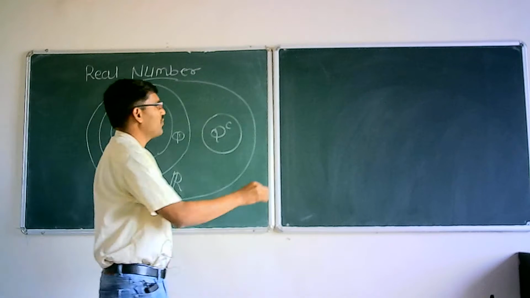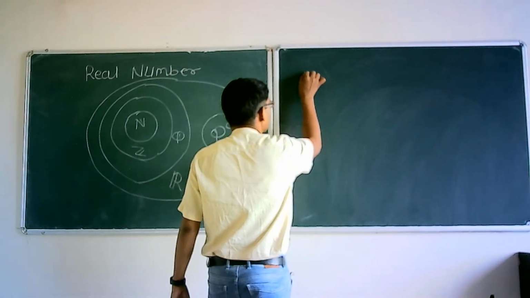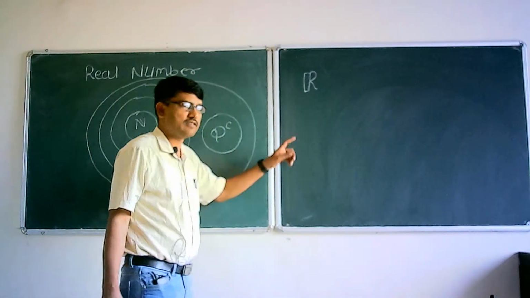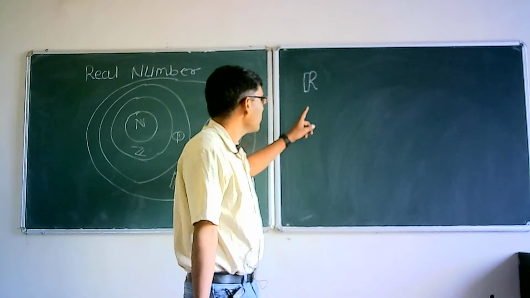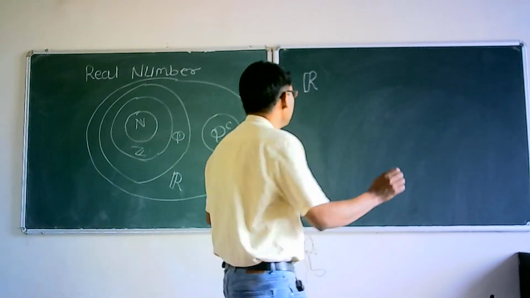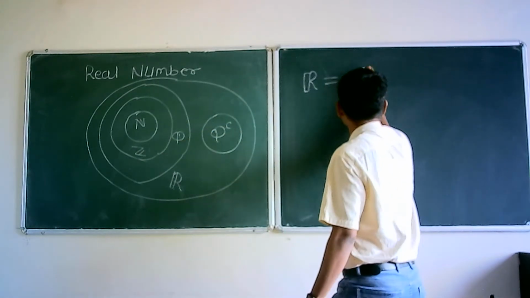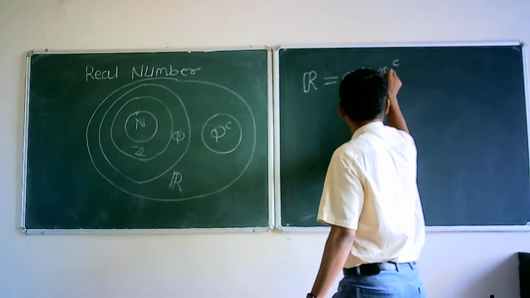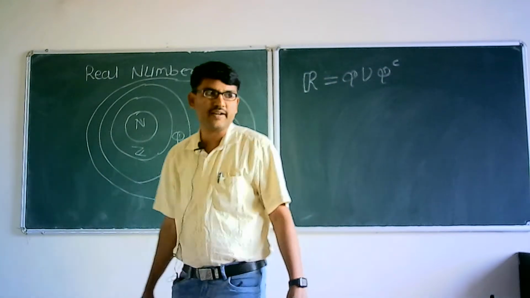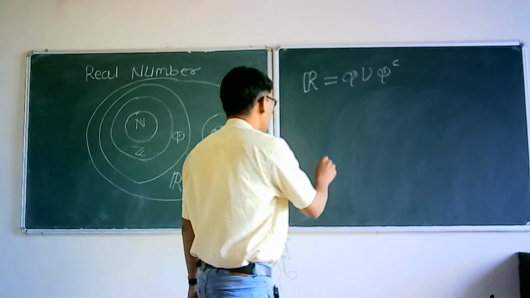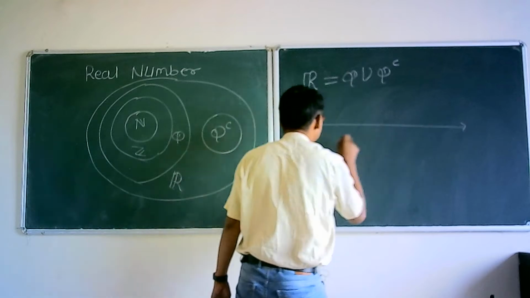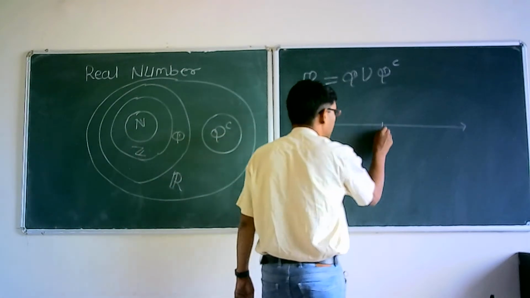We denote the set of real numbers by this notation. So the set of real numbers is nothing but the union of rational and irrational numbers. Geometrically, this line represents the set of real numbers.